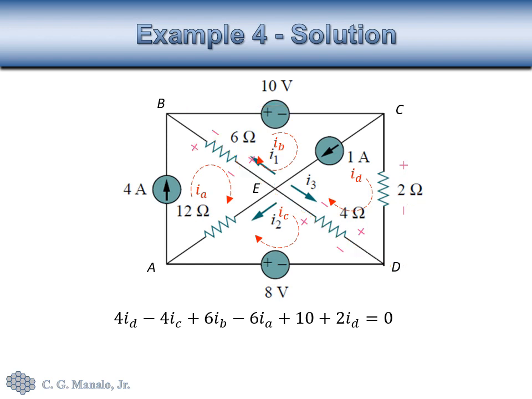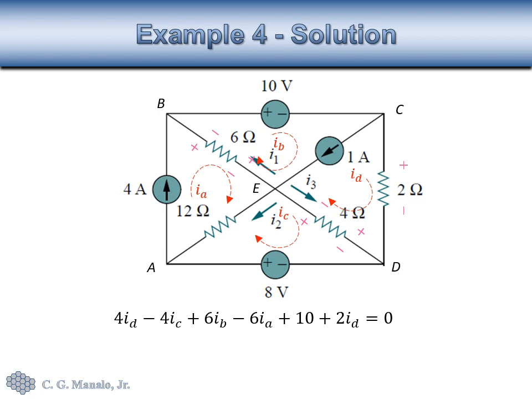So let me erase the ink. So that would be the polarity of all the voltage drops across the resistive elements. So using this polarity, we can now add the voltages across the elements while we go around the loop DEBCD.